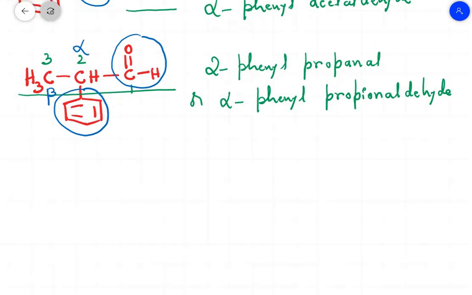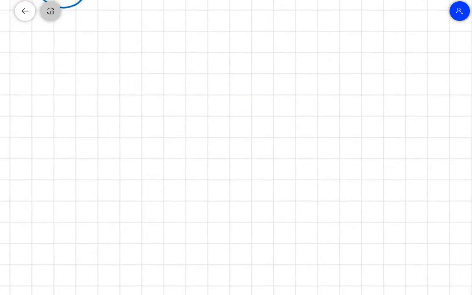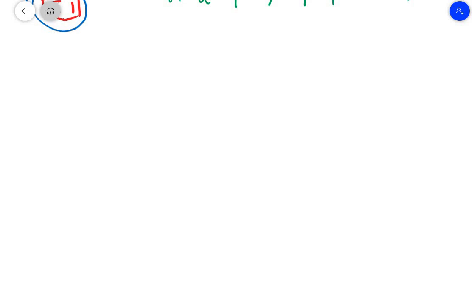We will have another example. C6H5 single bond CH double bond CH, followed by the functional group C double bond OH.